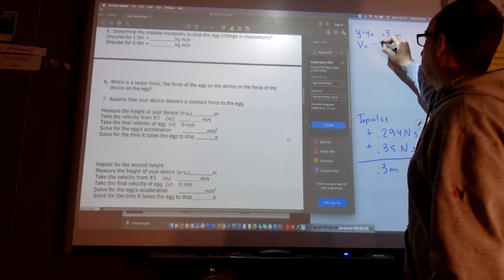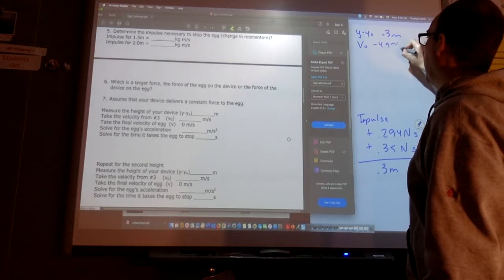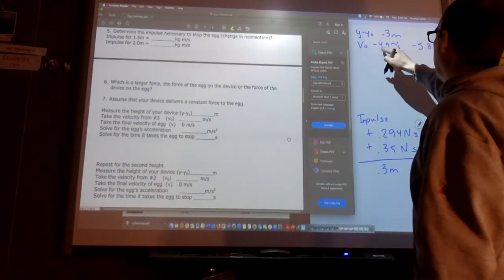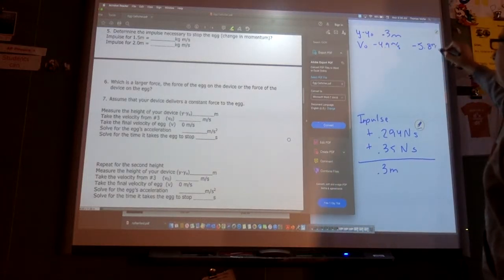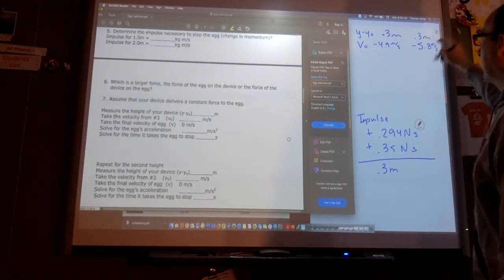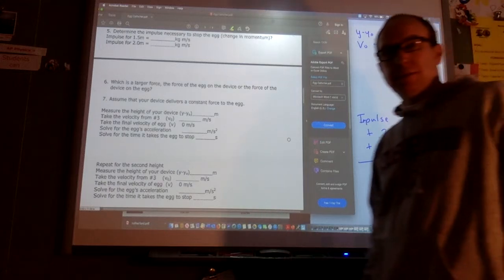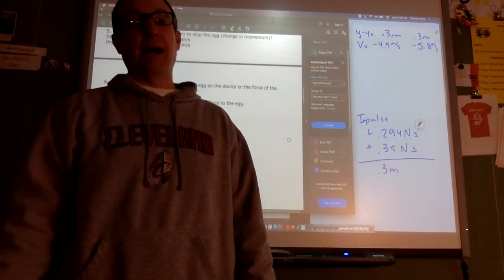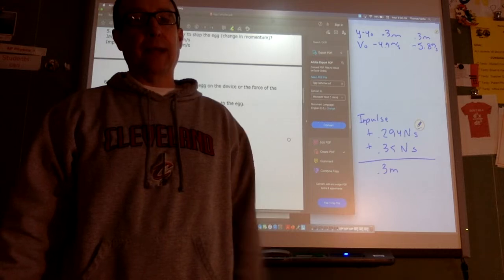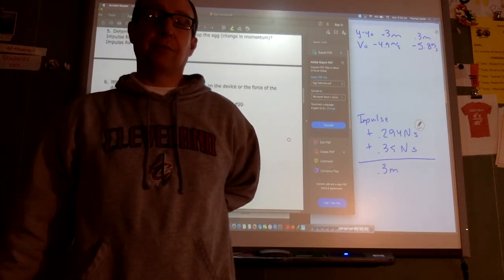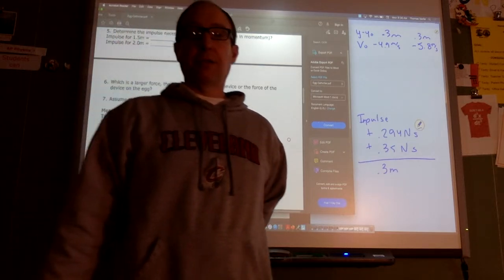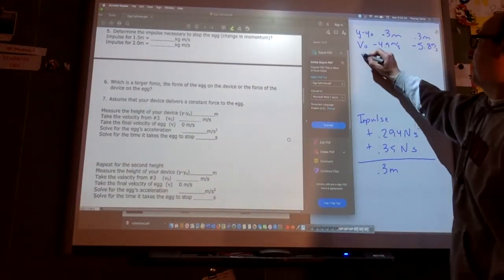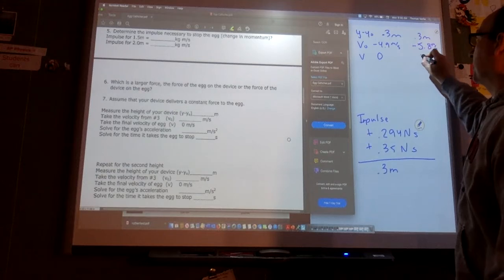I'm going to say my initial velocity is 4.9 meters per second and negative 5.8 are our two speeds. And again, since it was down directed, I should have them as negative values because the acceleration is going to be positive. All right, the final velocity for each of them is going to be 0.